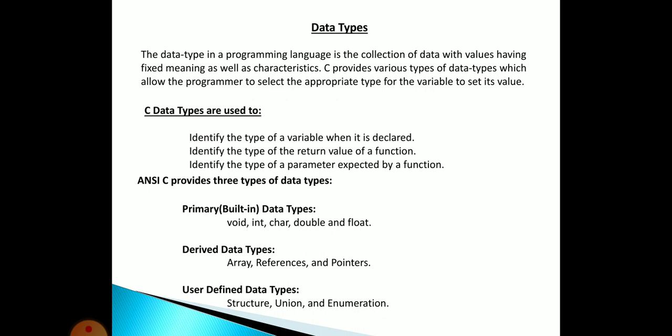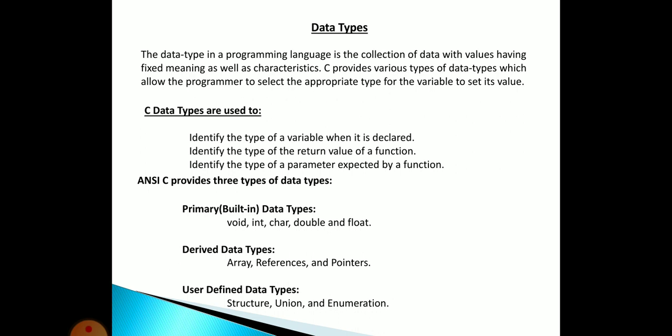We know the int data type is used to represent an integer value. Char, C-H-A-R, is used to represent a character, and double and float are used to represent real numbers.